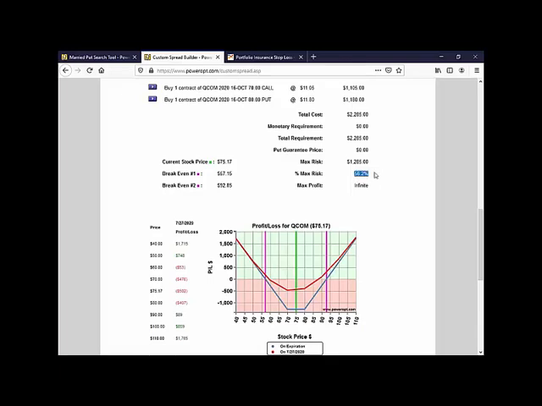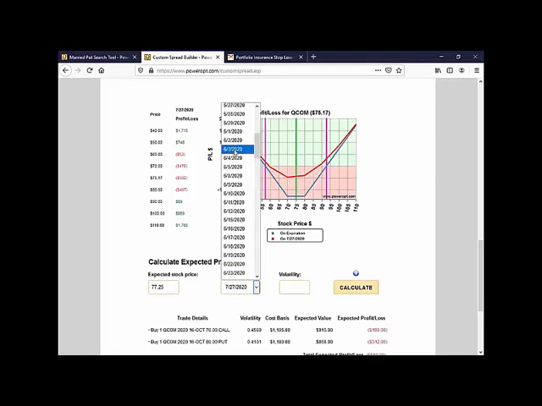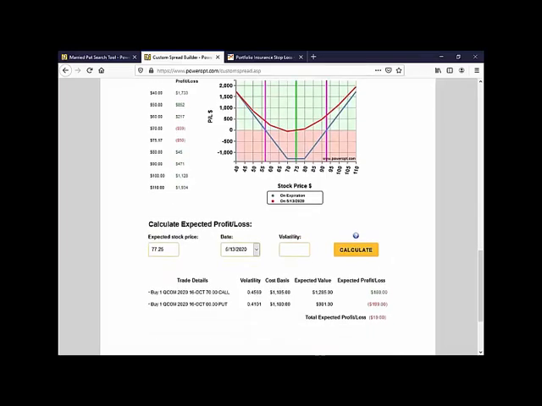But I'm risking 56% of what I invested if the stock stays between the two strike prices. And what happens in a couple weeks if the stock goes up to 77.25 on May 13th? There we go. I'm at a loss of about $20, instead of being at a profit of 10.